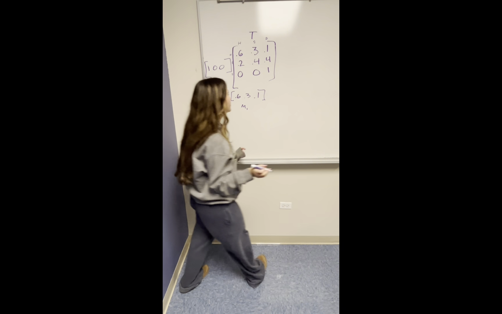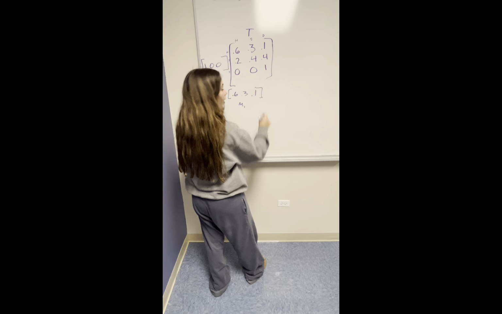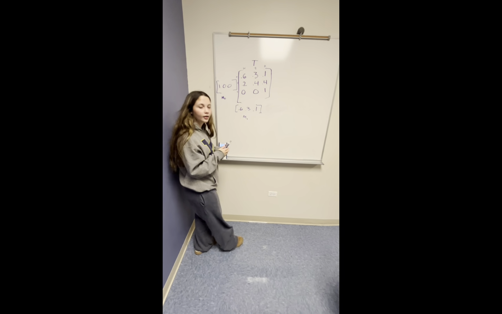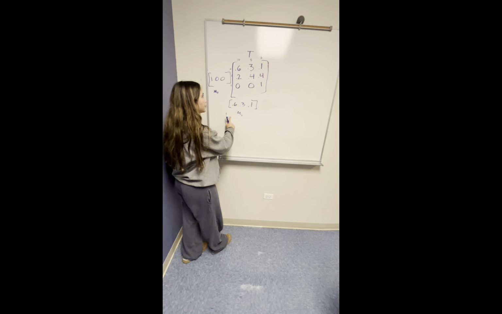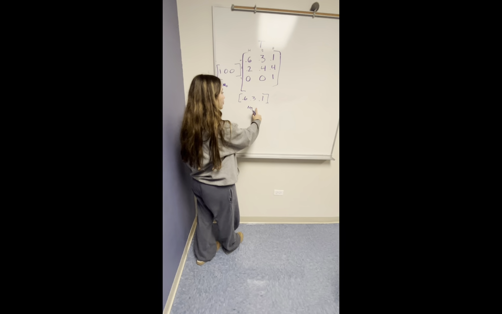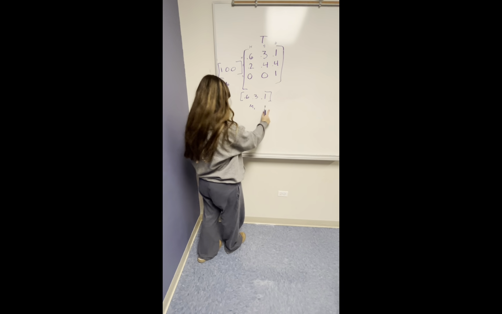So to find M2, you take M1 and multiply it by T. So now in period M1, this person will have 60% chance of being healthy, 30% chance of being sick, and 10% of dying.